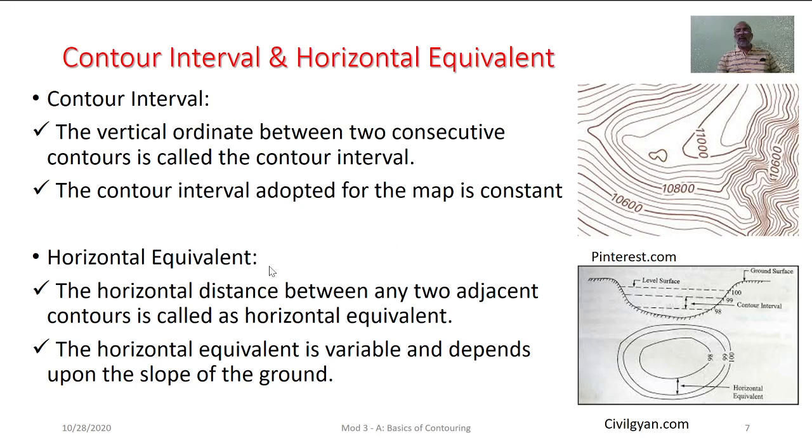The contour interval will be a constant criterion for the map, whereas this horizontal equivalent will depend on the placement of the contours and the place in which we wish to measure it. So it is treated to be variable and it will depend on the slope of the ground.